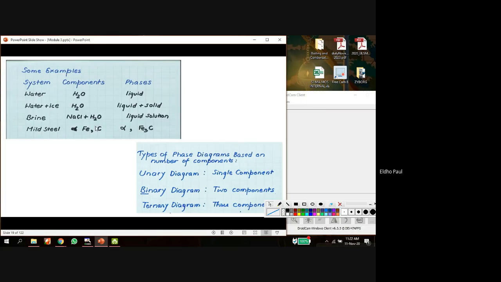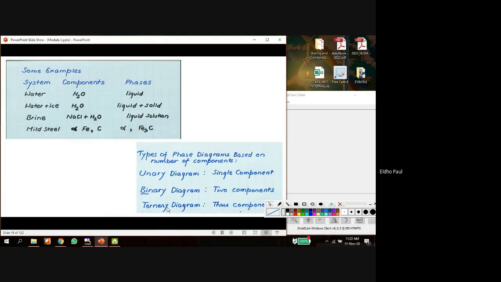If we draw a phase diagram with iron and carbon as components, then the resulting diagram is called a binary diagram. But if we draw a diagram for water, here we can see only a single component, which results in a unary diagram. Single component diagram. Similarly, we have the ternary diagram.